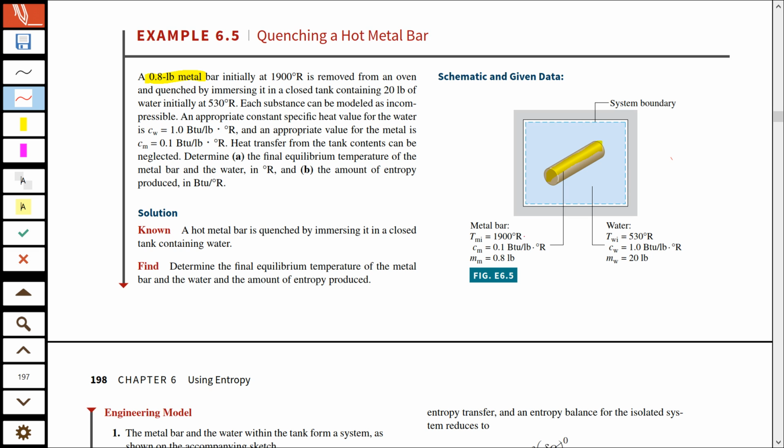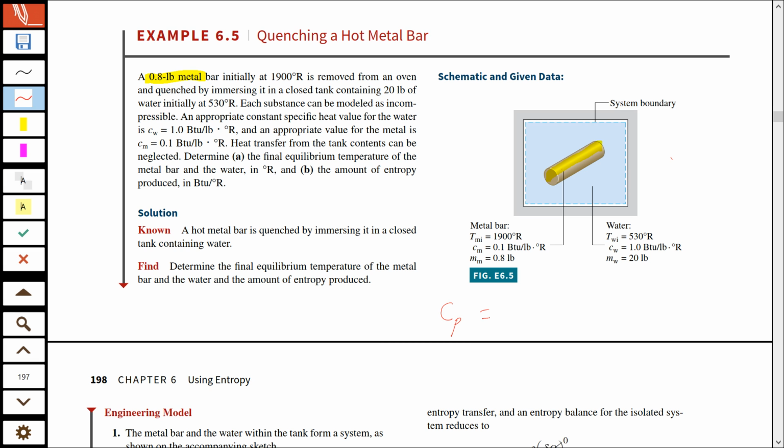For this analysis, you assume the metal to be incompressible, even if it's not mentioned. Typically, we assume incompressibility not only for solids, but also for metals. Which means that the specific heat, C, is the same.